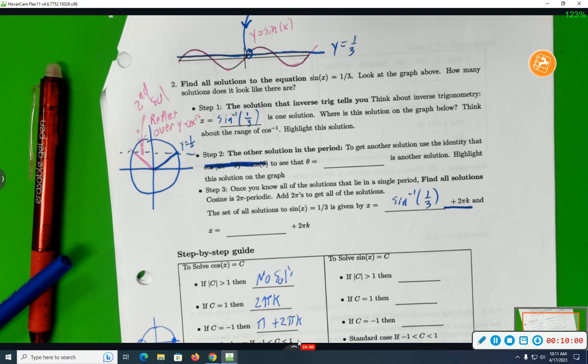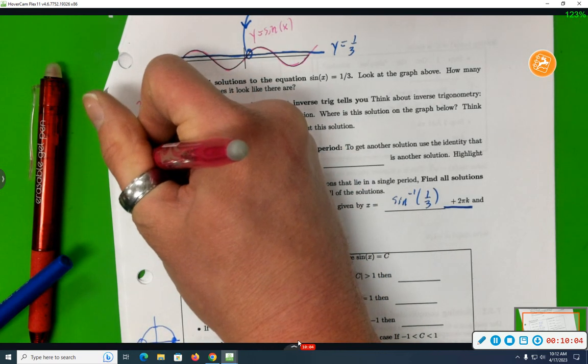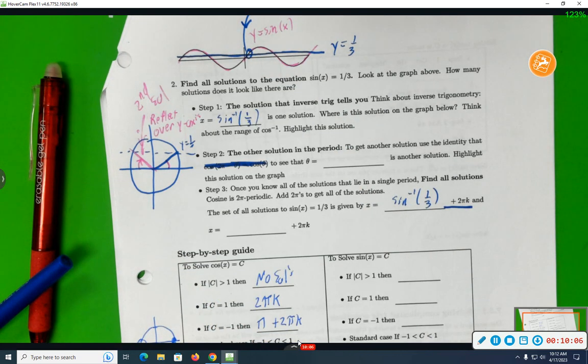Well, I think instead of rotating up by this much, we want to start over at pi and rotate backwards. So instead of starting at 0, let's start at pi. Instead of rotating up, we rotate back. That gives us the exact same y value.